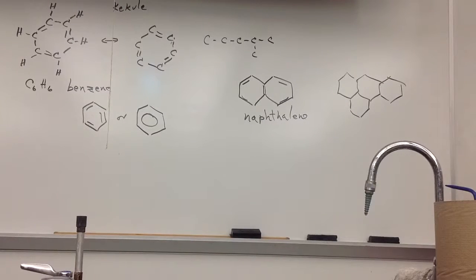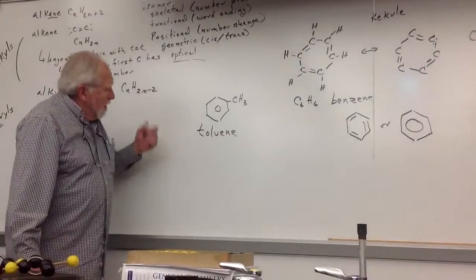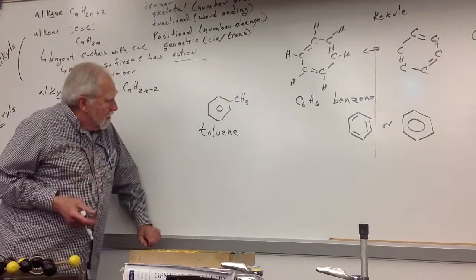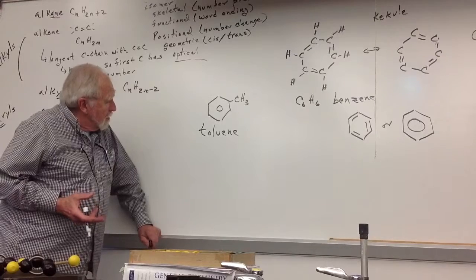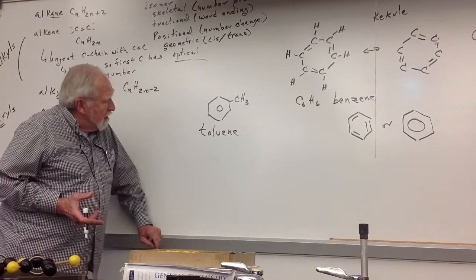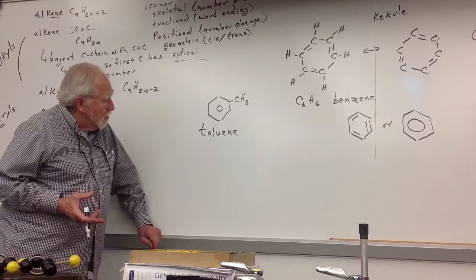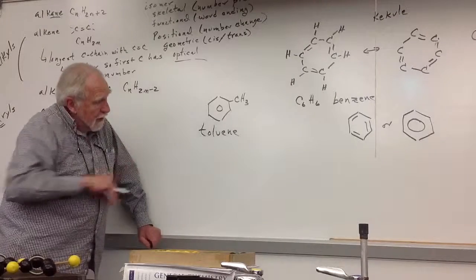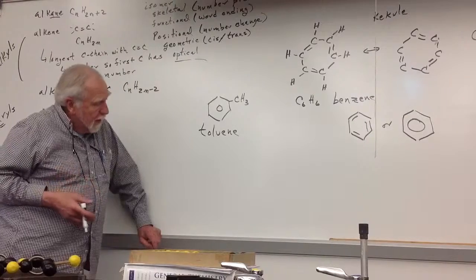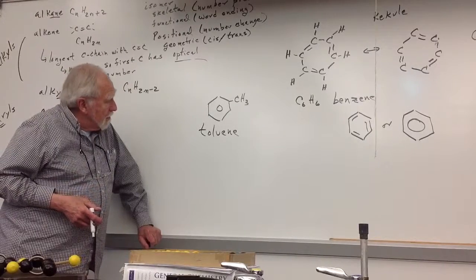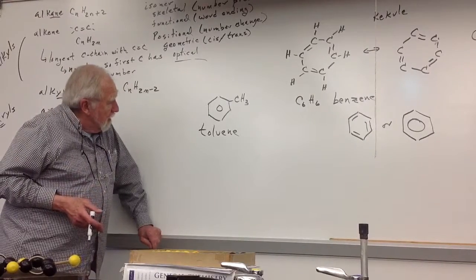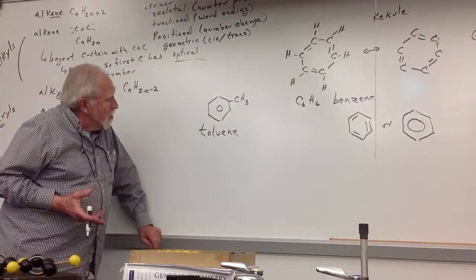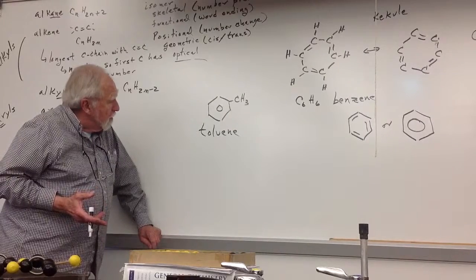If I start putting other methyl groups in here, xylenes and things like that, we're not going to get into that. So this is the only one you really have to know about. You don't have to know about naphthalene, anthracene, pyrene, any of those things. But the benzene structure you should know about. Notice I said you could call it methylbenzene, but it would be wrong.